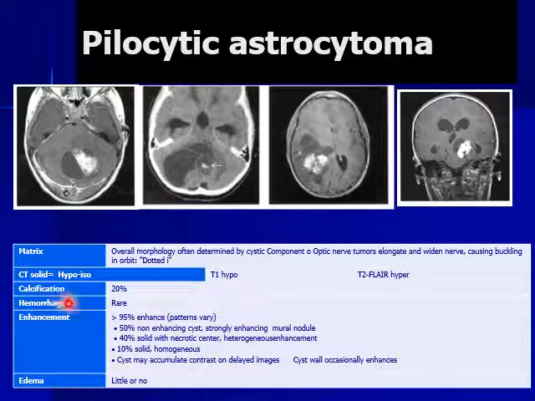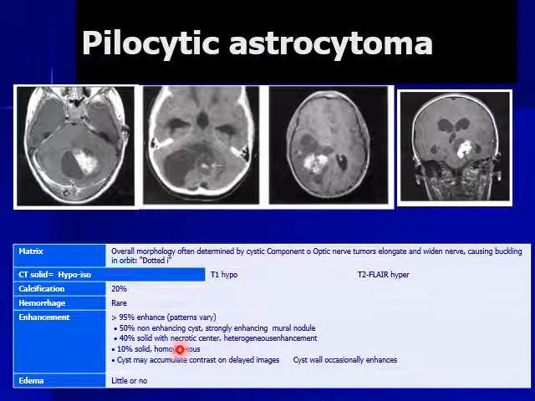It is hypo to isodense in CT, T1 hypo, T2 and FLAIR hyper, calcification in 20%, rarely hemorrhage, and more than 95% enhance. 50% show a non-enhancing cyst and strongly enhancing mural nodule, 40% just present as solid with a necrotic center, and this is very important to realize.